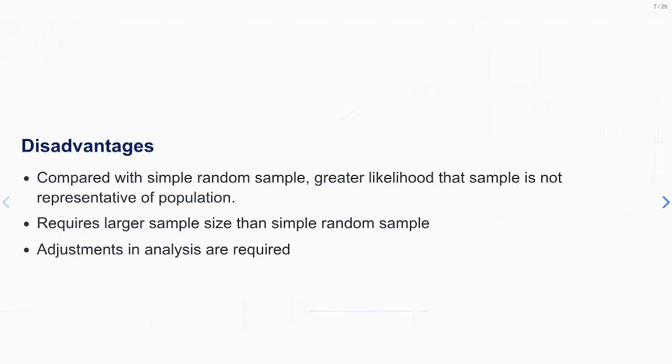Compared with simple random sampling, there's a greater likelihood that the sample would not be representative of the population. And we've already emphasized and mentioned that cluster sampling requires larger sample sizes than for simple random samples. The clustering requires that we make adjustments in analysis.